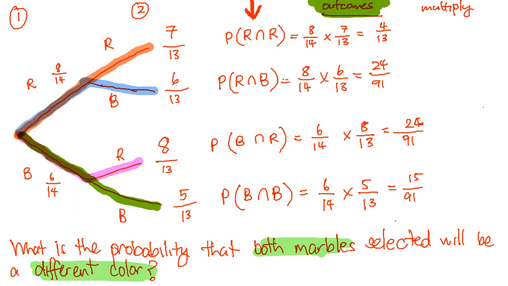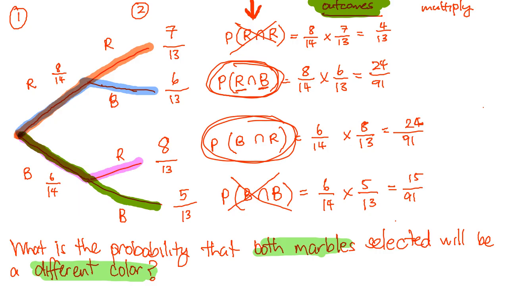So it cannot be the first one because that's red and red. It also cannot be the last one because that's blue and blue, meaning they're the same color. We are looking for different colors each time. It can definitely be this one because that's red first and then blue, so that's two different colors. And it definitely can be this one as well because it's blue first and then red, so different colors each time. So basically what happens is you simply add those probabilities up. So you take the 24 over 91 plus the 24 over 91, and that will be your answer.